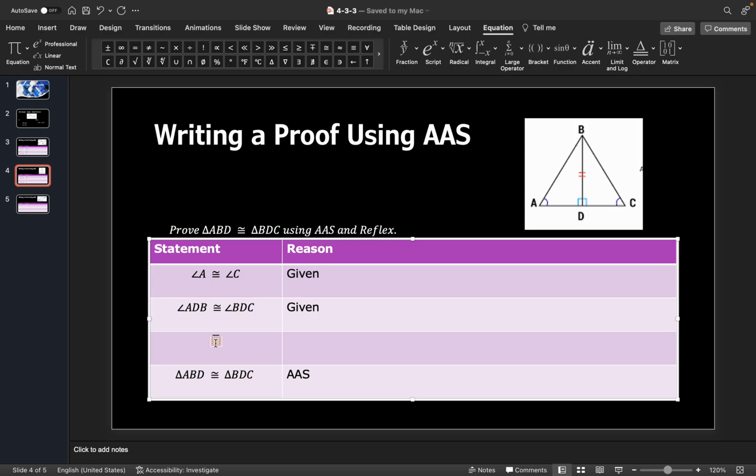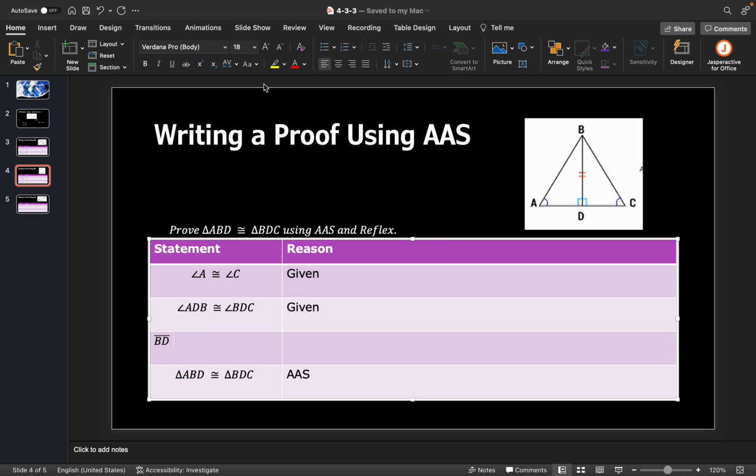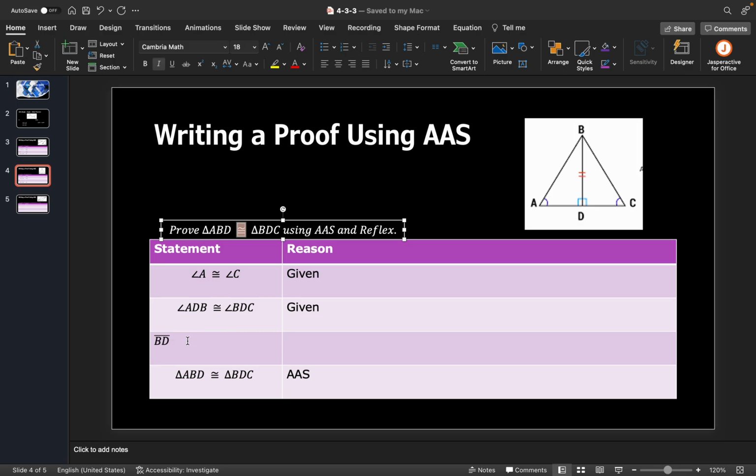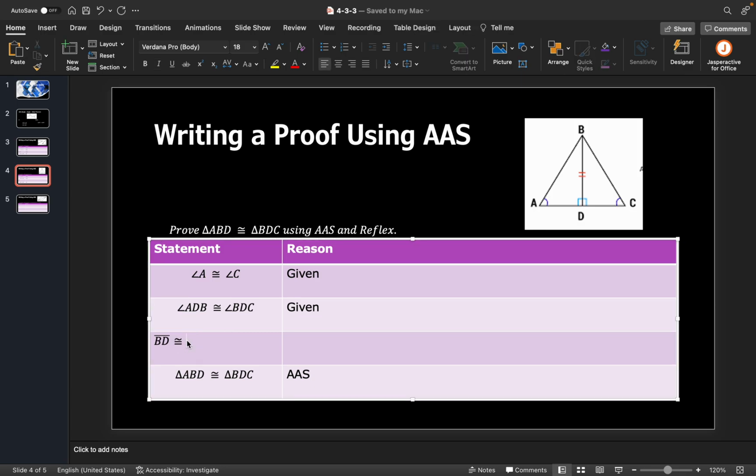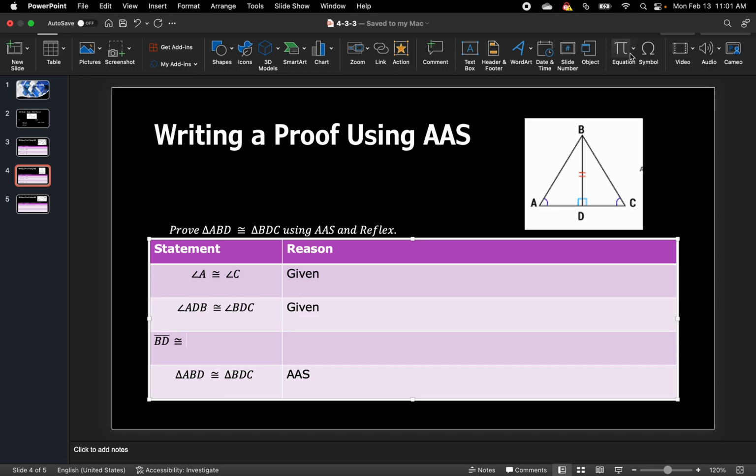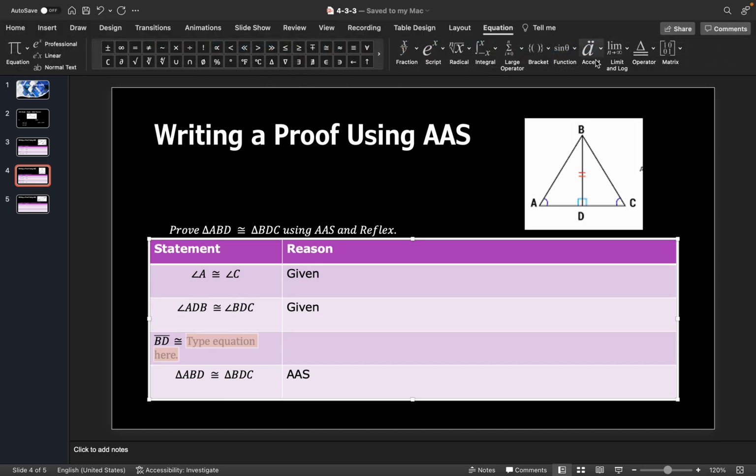That segment BD is congruent to segment BD.